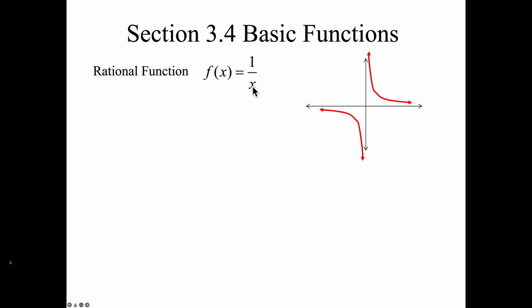So when my x's are positive, 1 over a positive, I'll be in quadrant 1. Here's 1, there's 1 over 1, y is 1. When your x keeps getting bigger and bigger, the overall value keeps getting smaller and smaller. And as you go from 1 to 0, going to the left, now my x's are getting smaller, but 1 divided by a half would be 2. 1 divided by a third would be 3. 1 divided by a fourth would be 4.